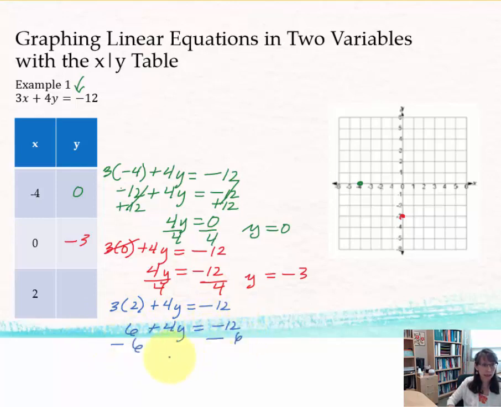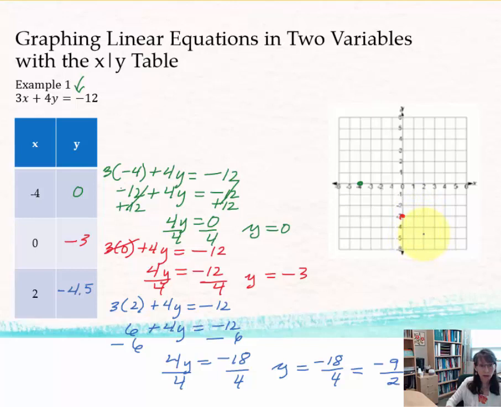Subtracting 6, I get 4y equals negative 18. Once I divide by 4, I'm going to have a y value of negative 18 fourths, which I could reduce. They're both divisible by 2, so negative 9 halves. So as a decimal, that would be negative 4 1/2. So we'll plot that last point, positive 2 and negative 4 1/2.